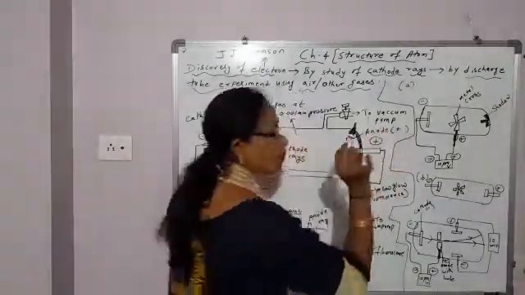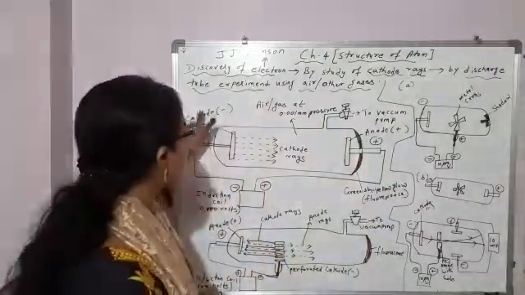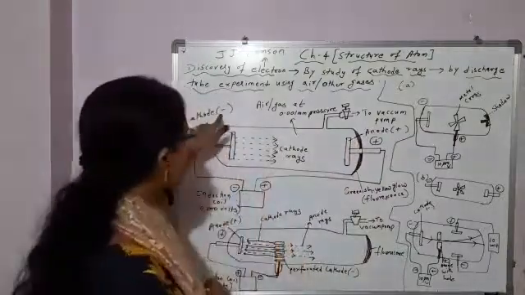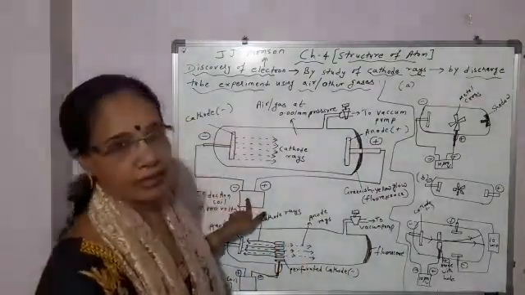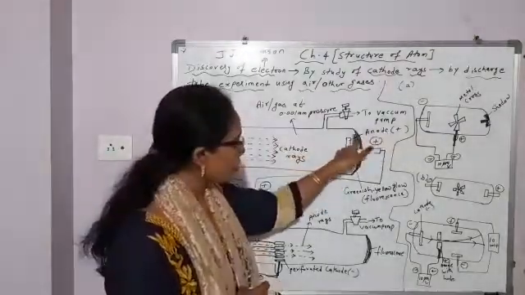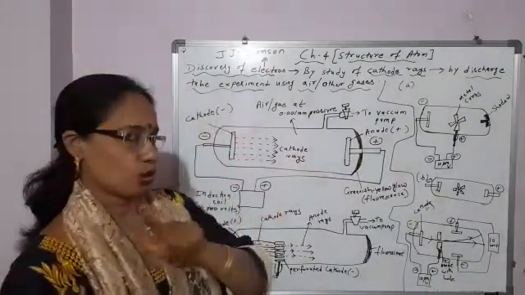So, the anode is the positive electrode. Remember this much: cathode, negative electrode; anode, positive electrode. Why is the cathode the negative electrode? Because it is connected to the negative terminal of the electric source. And why is the anode the positive electrode? Because it is connected to the positive terminal of the electric source.